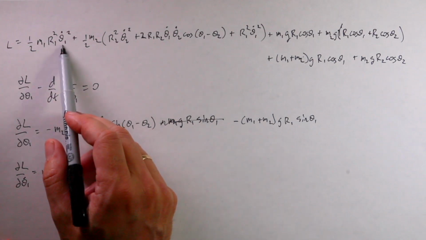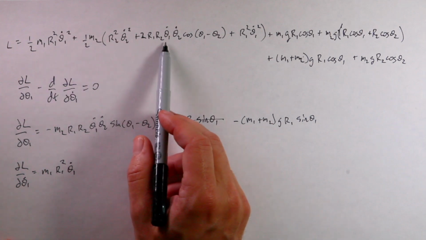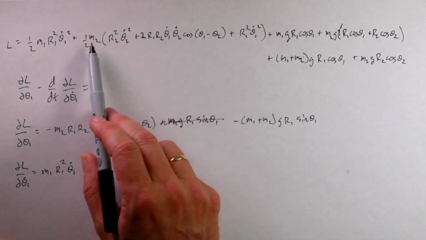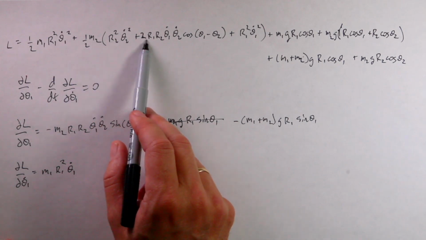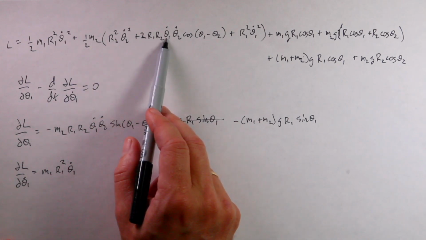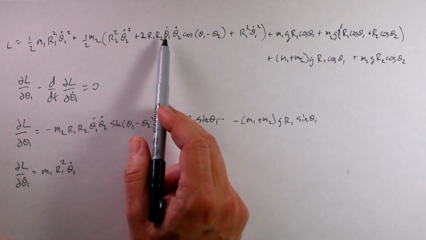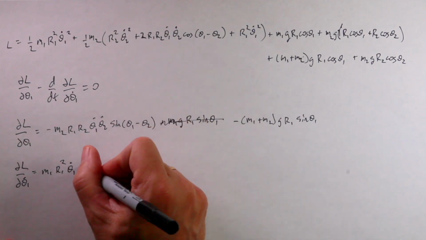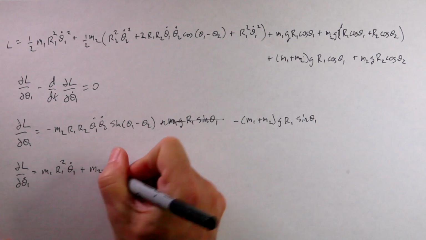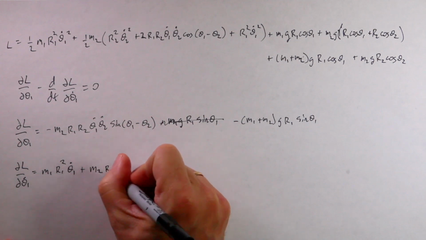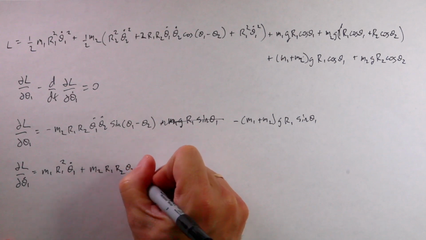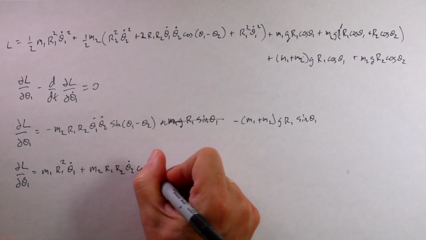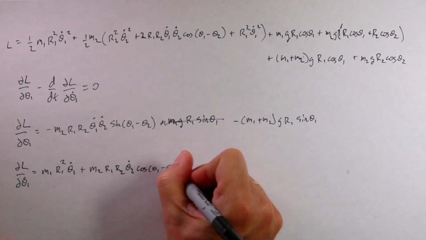Now I'm looking for another theta 1 dot. Here's one right here. So again, I'm going to multiply 1/2 in there, 1/2 m, and then the 1/2 cancels. And I take the partial of this with respect to theta 1 dot, and everything else is a constant. So I get plus m2 r1 r2 theta 2 dot cosine of (theta 1 minus theta 2).